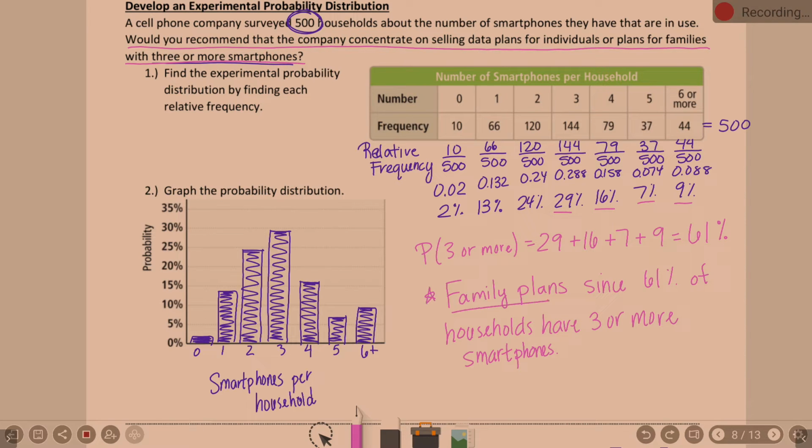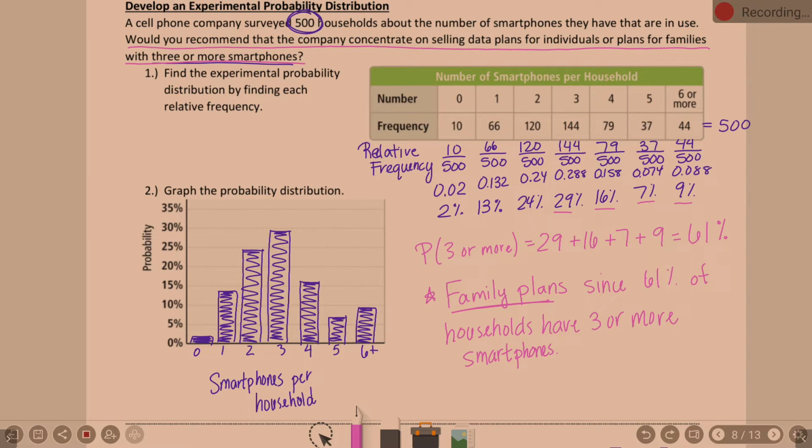Okay. So that's a little bit of how we can look at experimental probability distribution. We're going to look at one on the next page, but how we can figure out the individual relative frequencies, or in other words, the probabilities, how we can look at it as a graph. So, top of the next page, just a little bit of practice here.